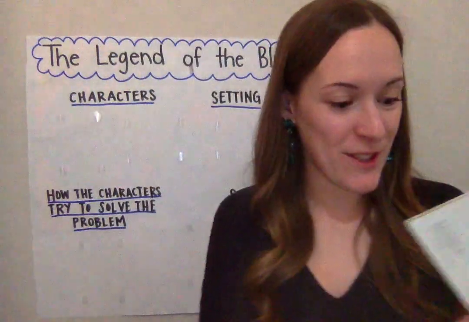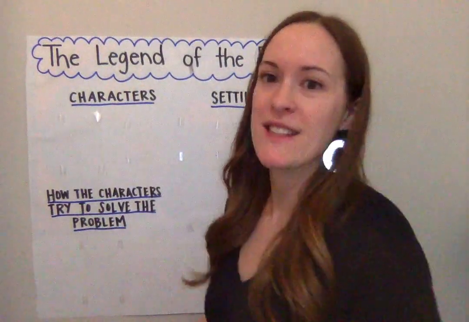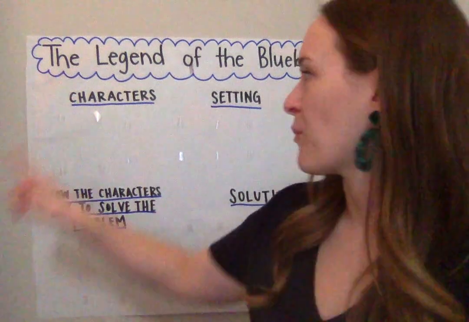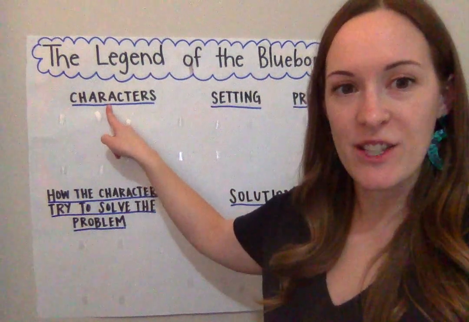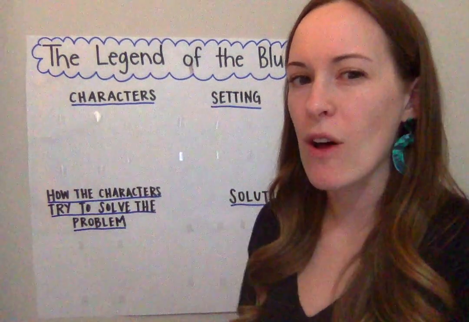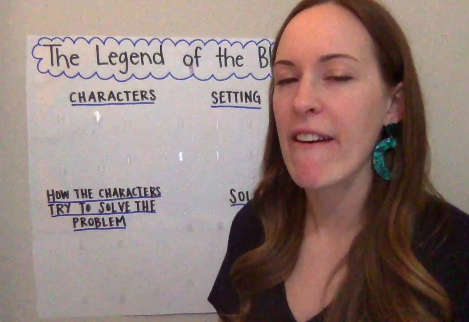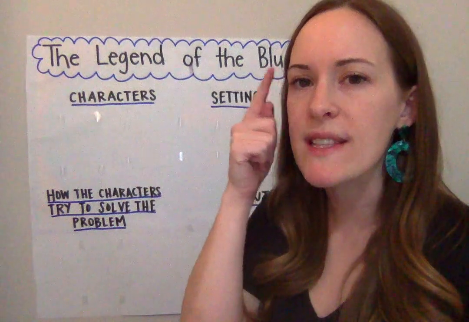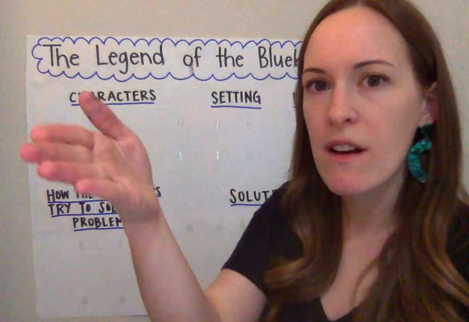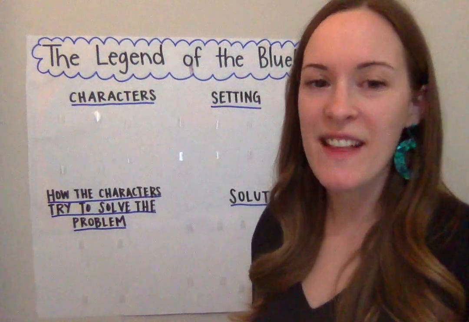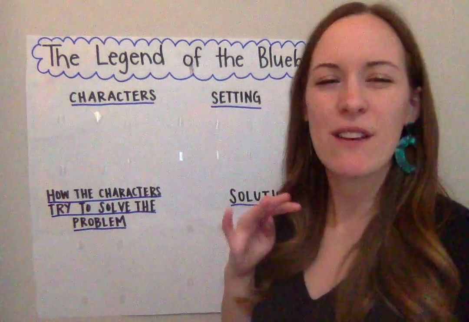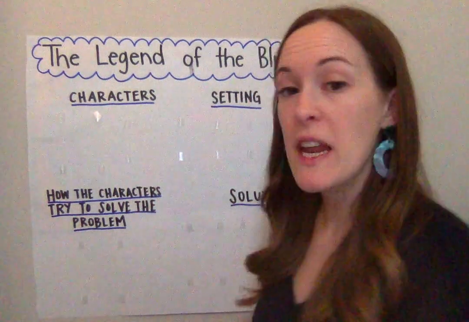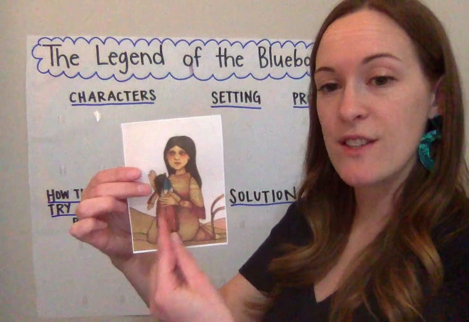Before we read the story, we already know a couple things that we can retell. We already know who are the characters in the story. Think about that very special main character in the story, who the story was all about. Think, who is the main character? Yeah, the little girl. And she had a name that sounded a little different from ours. Her name was She Who Is Alone. And this is her with her doll.